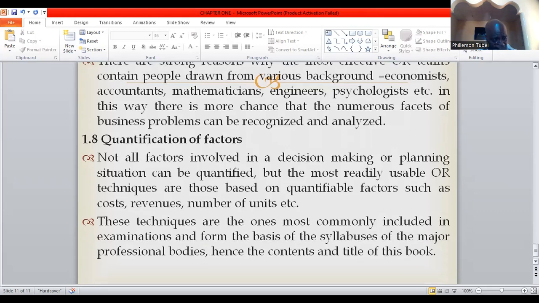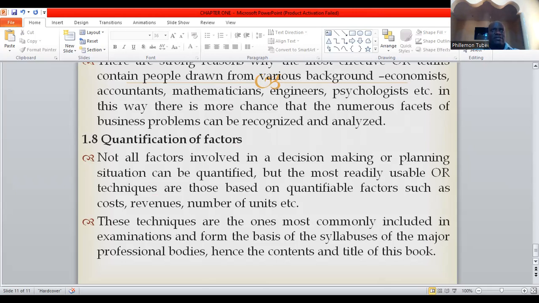There is this aspect of quantification, because here we are going to deal with statistics, and therefore quantitative data is very important.